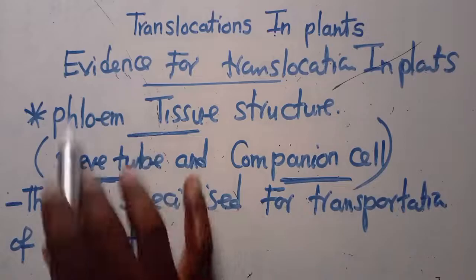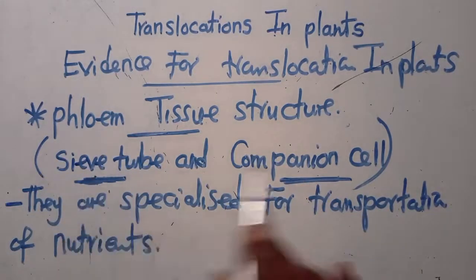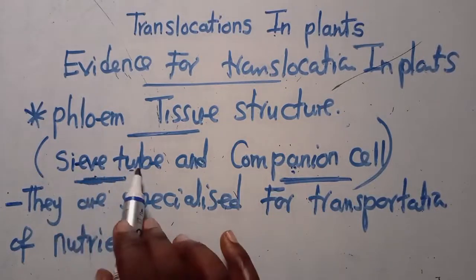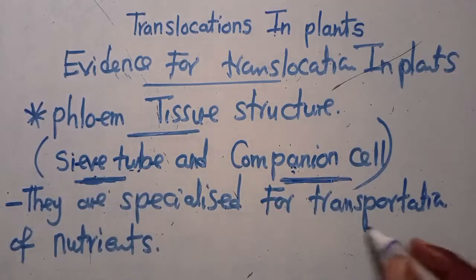The way these phloem tissue structures are, they contain these sieve tubes and companion cells. They are specialized for transportation of nutrients. If these nutrients move from one part to another part, that movement is what we are calling translocation.